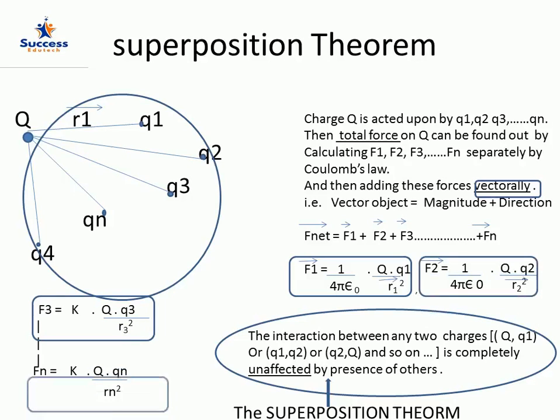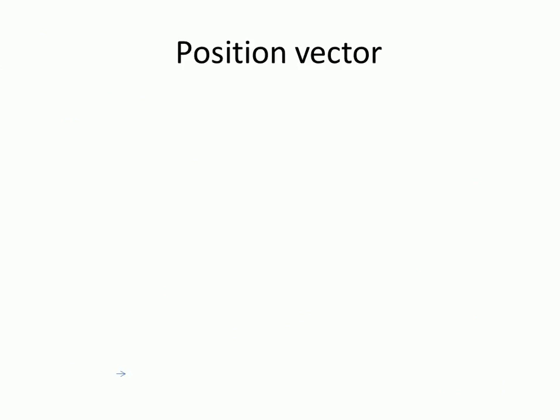Now we will recall position vector theory. Suppose this is an xy plane or xyz plane, then O is the origin, and P is one point having its coordinates x, y, z. Obviously the origin has the coordinates 0, 0, 0.